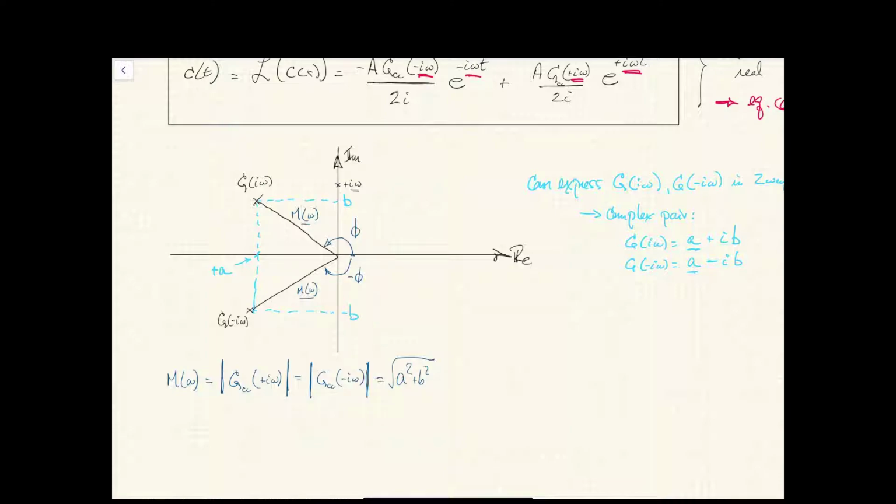So it's not a separate function of omega, it's simply the amplitude of G at I omega that we're representing here. And phi of omega, also a function of omega, are these angles here that I've shown. Phi is going to be the inverse tangent of this rise, which is b, also a function of omega, and this run, which is a of omega, just like that.